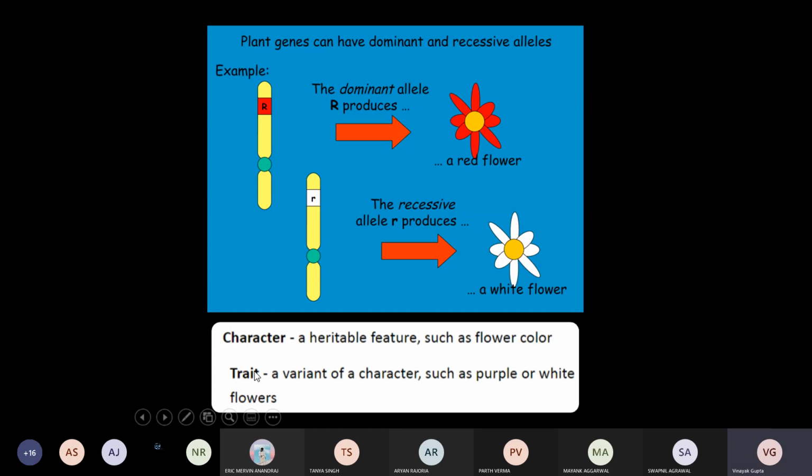Although several times we use the terms characteristic, character, or trait without knowing the difference, actually this is the difference: trait means a variant of a character. Let's say height is a character. Now that height may be tall or short, so those are traits. That means trait is technically a variant of a character.